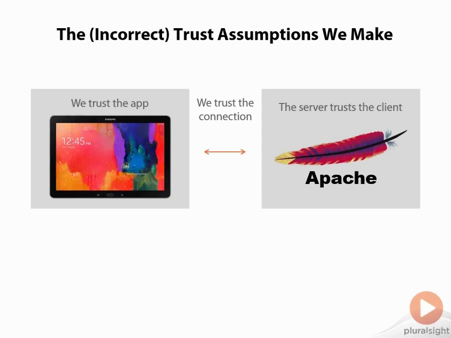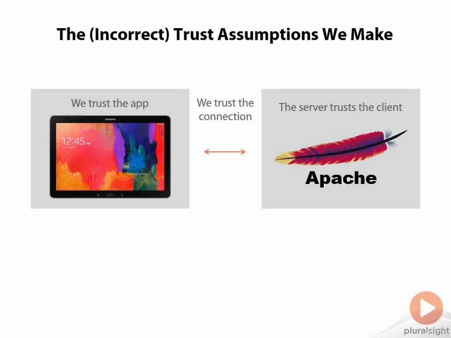So really, we're making the assumption that we control this ecosystem: client, connection, server. So we're assuming that the app is always going to talk to the API in the way we designed it, and we're also assuming that the API is only going to respond to the app in the way we designed it.